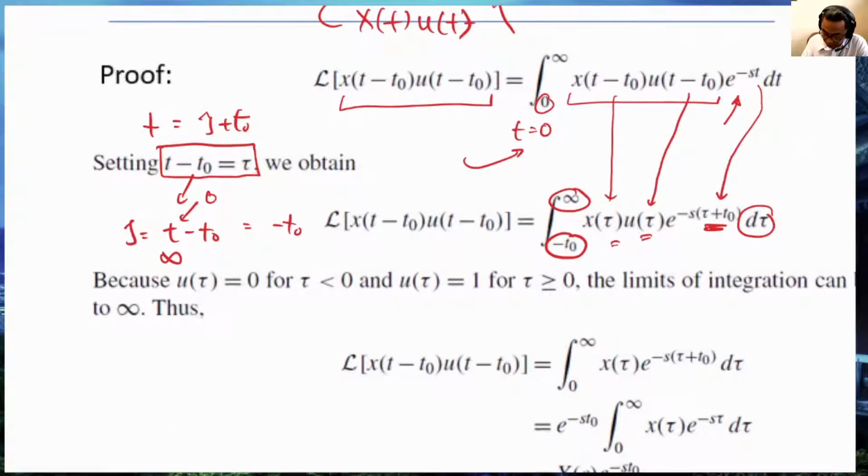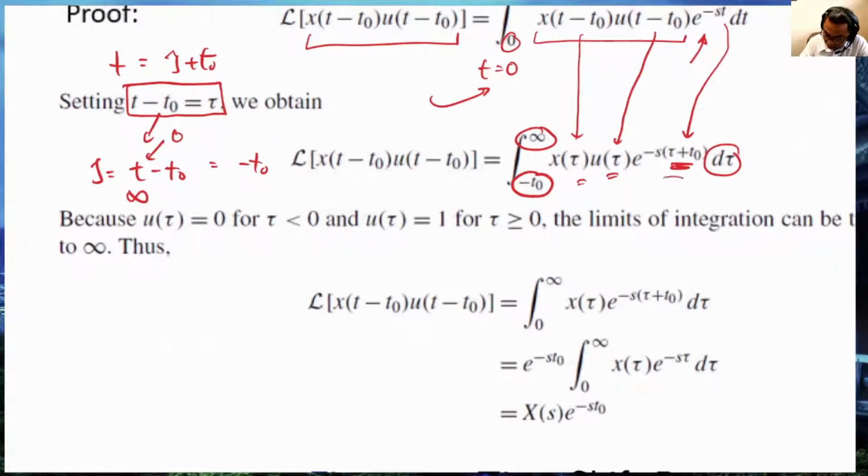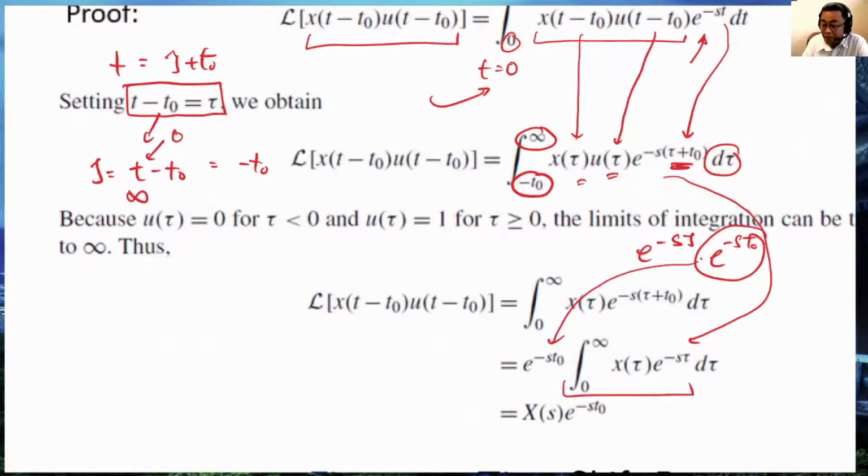Now we can open this up to become e to the minus s tau times e to the minus s t naught. We can bring this expression outside, and so this therefore looks like our typical Laplace transform equation, which is X of s times e to the minus s t naught.